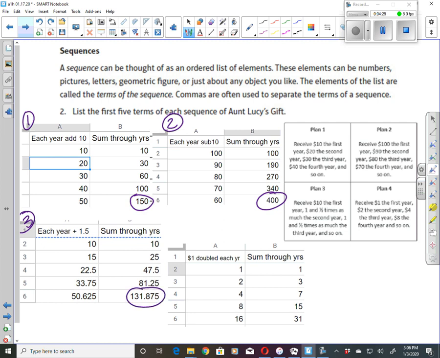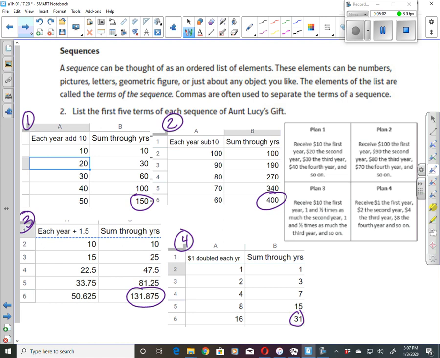And number 4, after 5 years, you ended up with $31. Now, I will tell you right now that this does not give you a clear picture of what could happen, but it's a start. Okay, now right off the bat, it appears number 2 might be a good way to go, but you know that after year number 10, you're going to run out of money. You're not going to get any more money. So we need to analyze some of these things a little bit deeper.